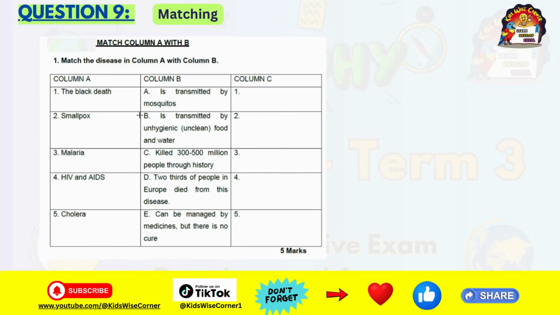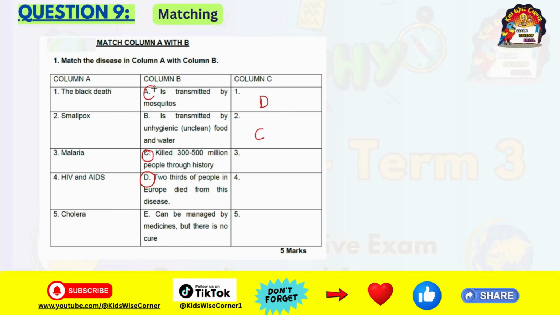Column A, number 1, the Black Death. The Black Death is where 2/3 of people in Europe died from this disease. That is D. Number 2, smallpox. Smallpox killed 300 to 500 million people through history. So smallpox is C. Malaria, it is transmitted by mosquitoes.